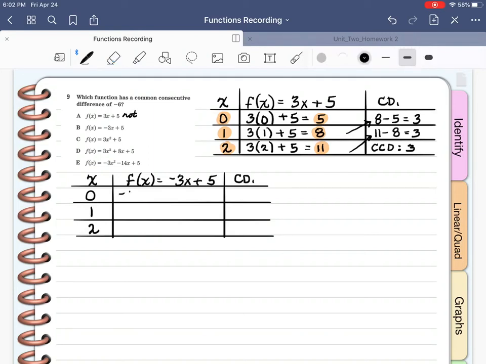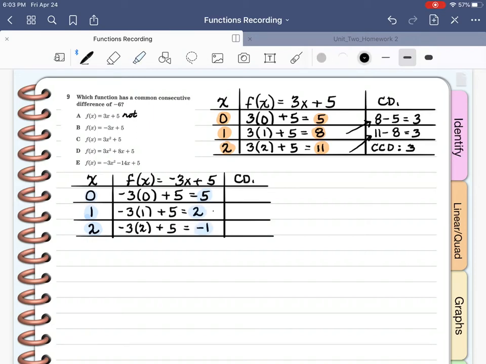Okay, so -3 times 0 plus 5 is 5. -3 times 1 plus 5 is 2. -3 times 2 plus 5 is -1. So here are the inputs and their respective outputs.